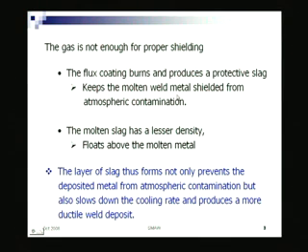That keeps the molten weld metal shielded from atmospheric contamination, because the primary contamination is oxygen, it will get oxidized, and also nitrogen. There is nitrogen contamination also. So, to protect it from that, this protective molten slag acts as a protective coating.